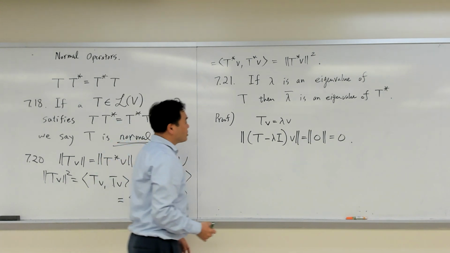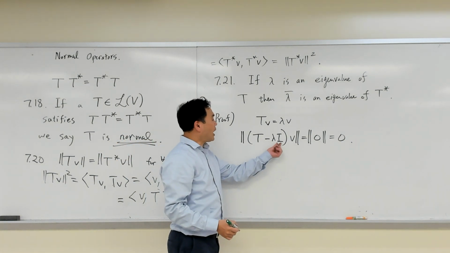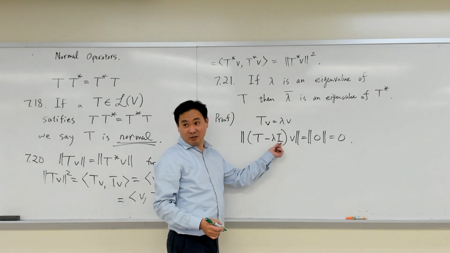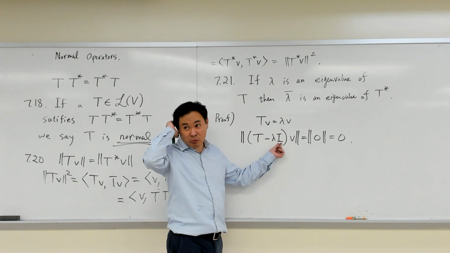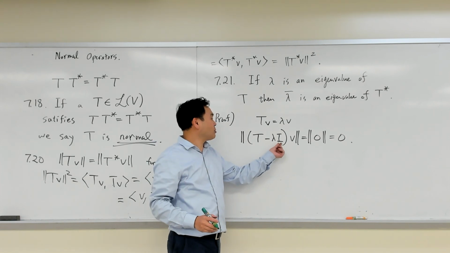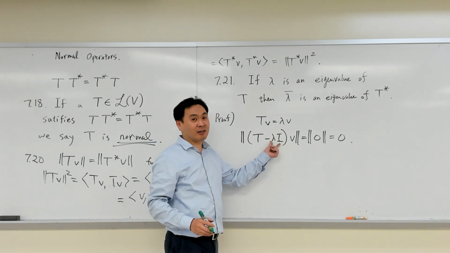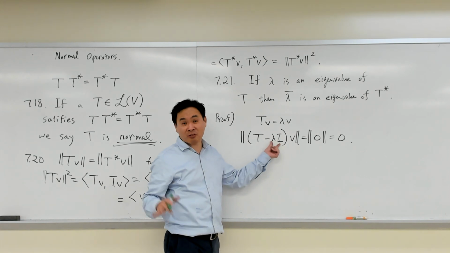Okay, and then another thing is I is self-adjoint, of course, right? And the adjoint of I is itself. That's something that we proved before. So if you multiply anything to I, it may not be self-adjoint, but it's still normal.